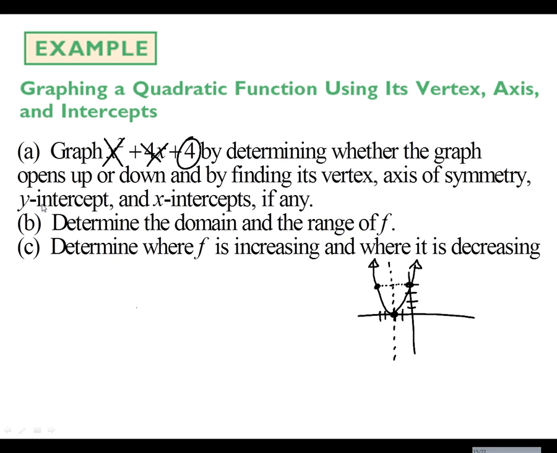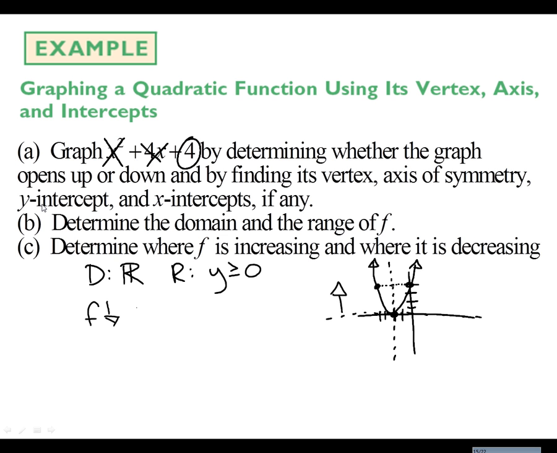All right, so the domain is the easy one. For quadratics, it's all real numbers. For the range, we're looking at this graph. Where's the lowest point you can find? It's at y equals 0, and we're always going up from there. So the range is going to be y is greater than or equal to 0. Where is our function decreasing?